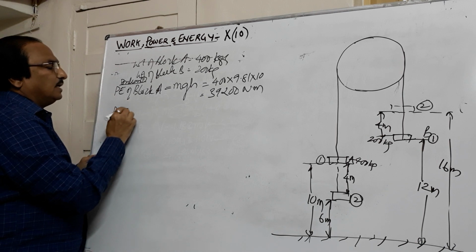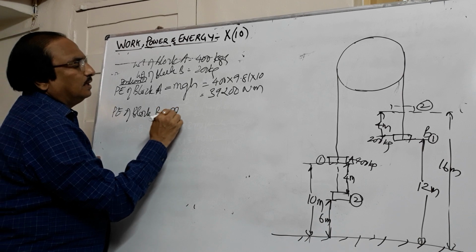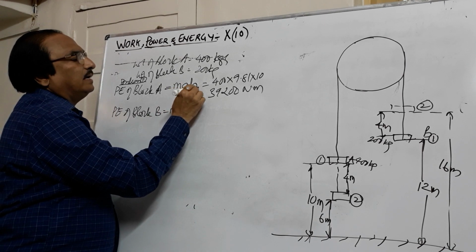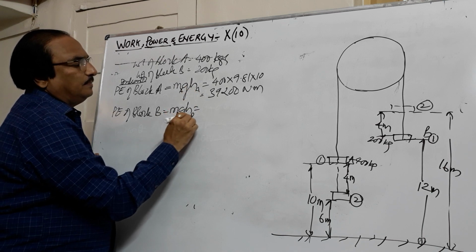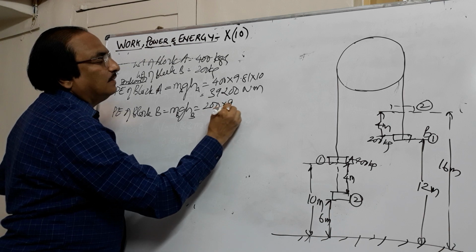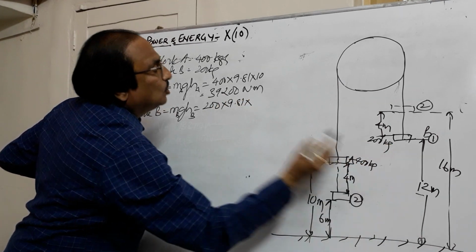Likewise, the potential energy of block B is mgh. This is related to A, this is related to B. So the mass of B is 200 into 9.81 into the initial height of block B, which is 12.